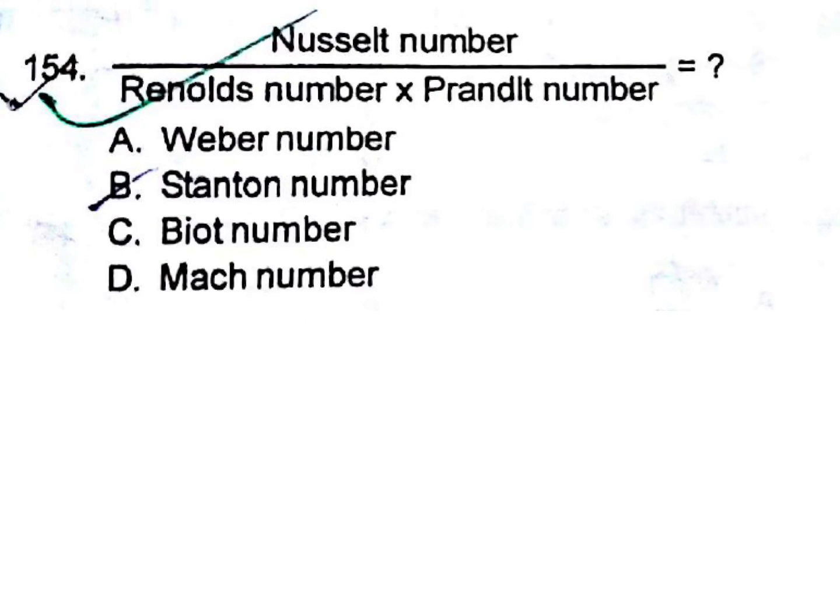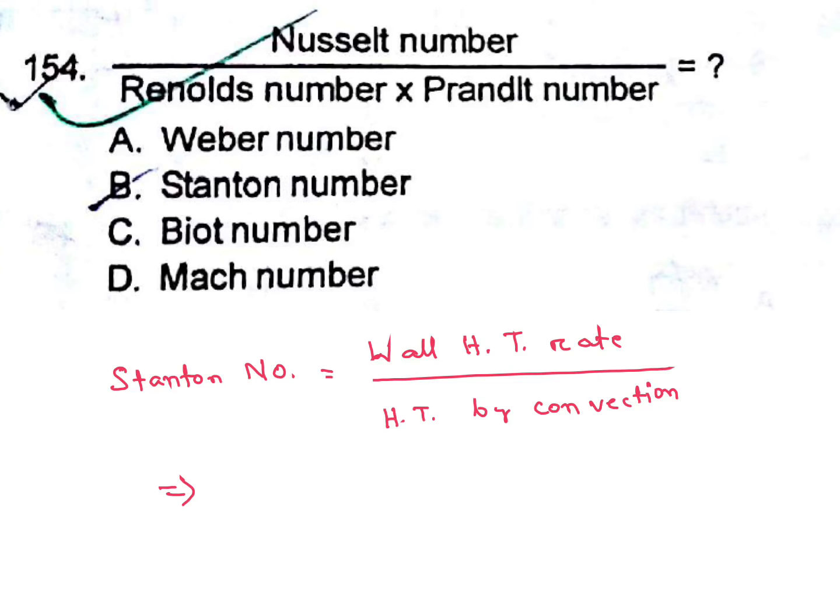Then the question is Nusselt number divided by Reynolds number into Prandtl number. This is the Stanton number, the wall heat transfer rate divided by heat transfer by convection. So St equals Nusselt number divided by Re into Pr, or it is h by rho Cp V. So option B is the answer.